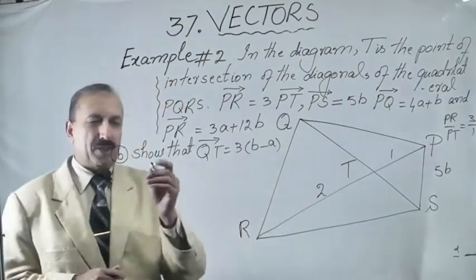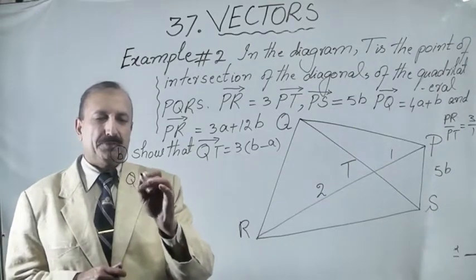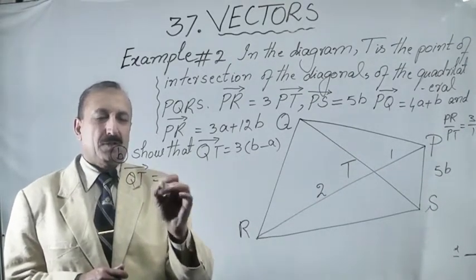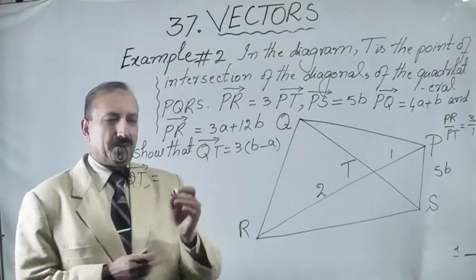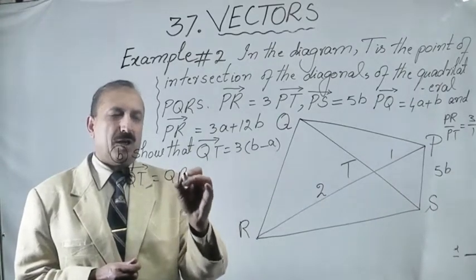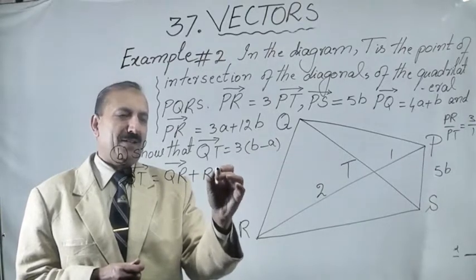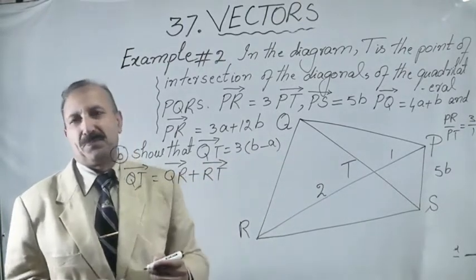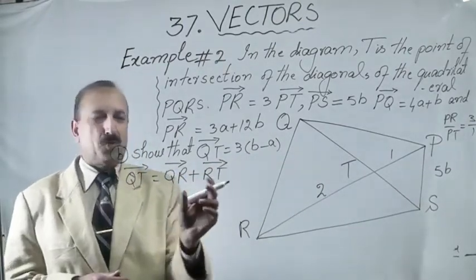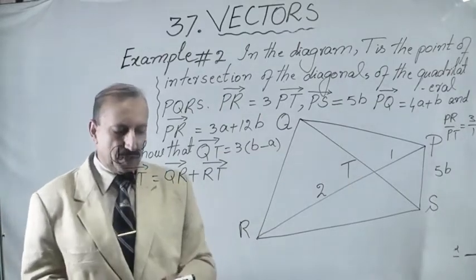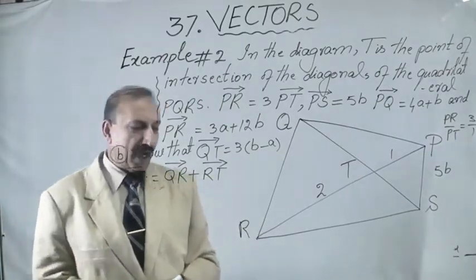So the better option for QT, the better path, is QR plus RT. We have values of both. QR, although we have this value in the form of RQ.